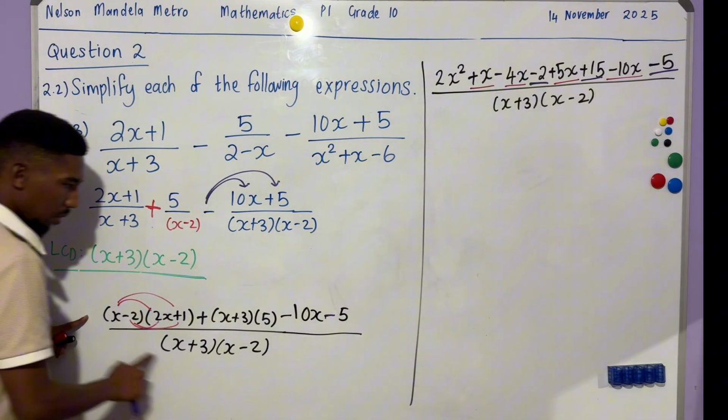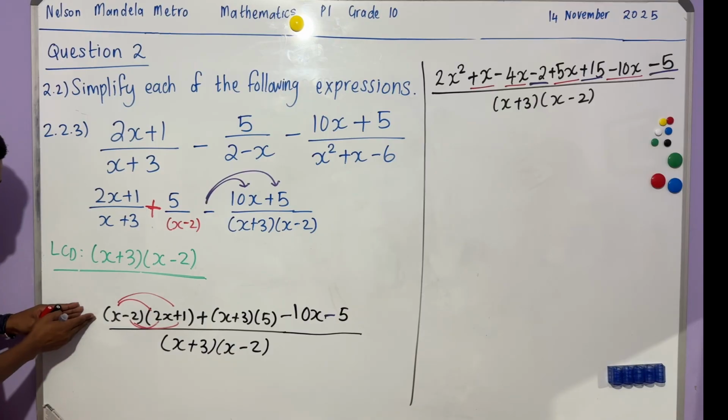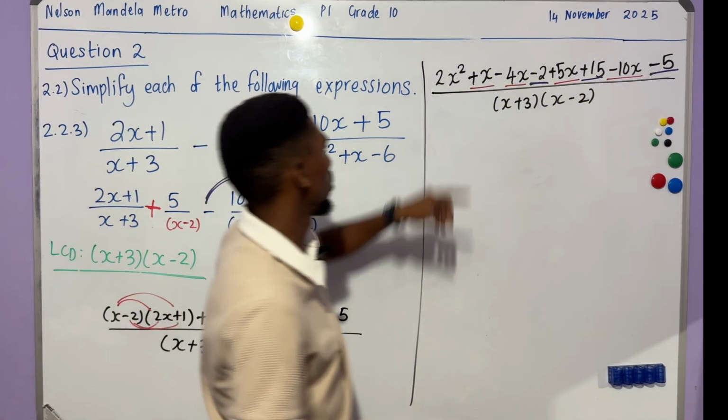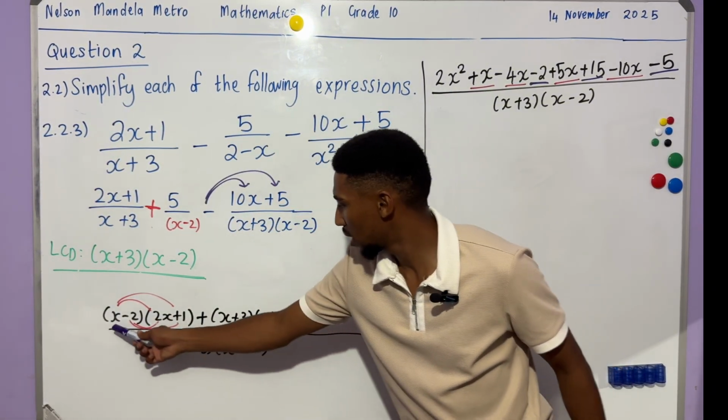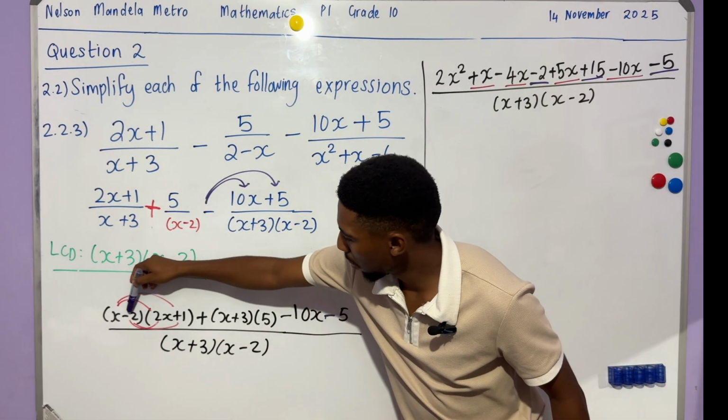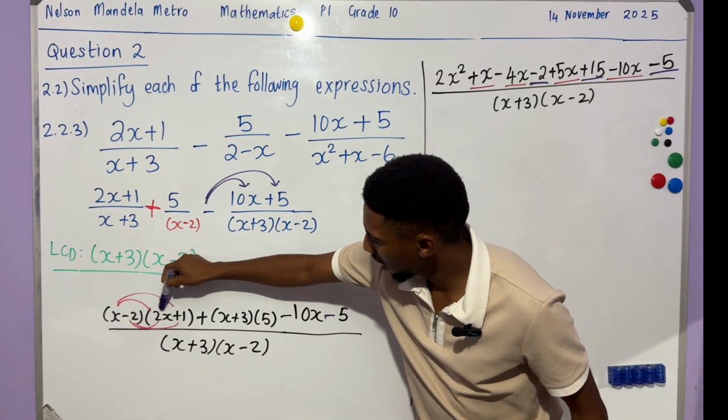Now we try to simplify this numerator over here. We take the x, these two brackets, and we try to multiply them. The x multiplied by the 2x gives us 2x squared over there. And then the x multiplied by the 1 gives us just plus x. Then we take the minus 2, we multiply it with every term inside the bracket.